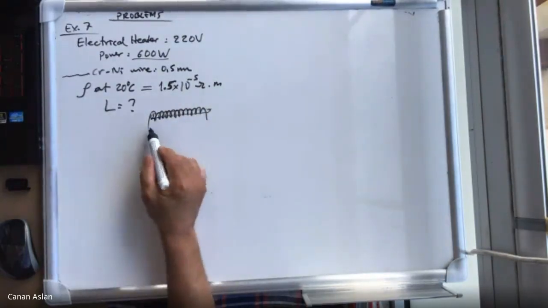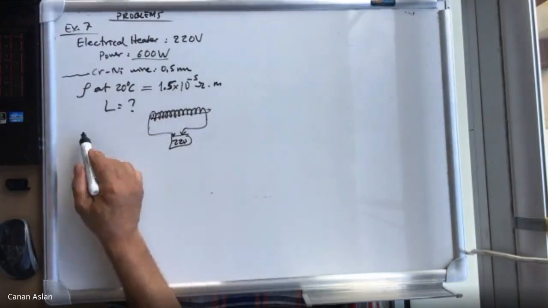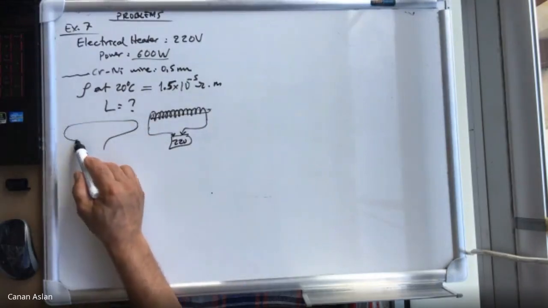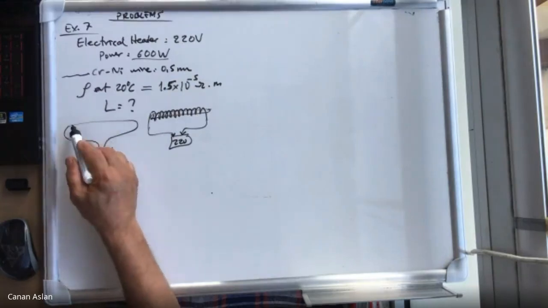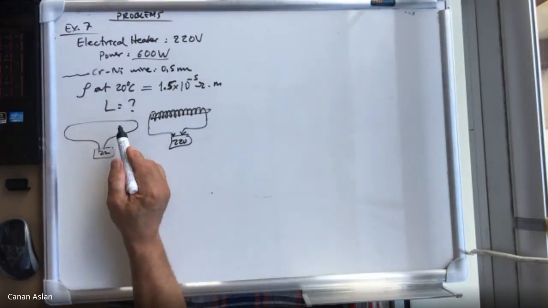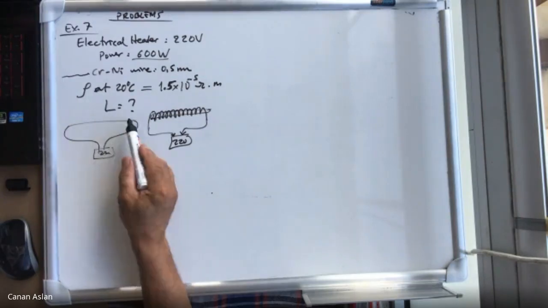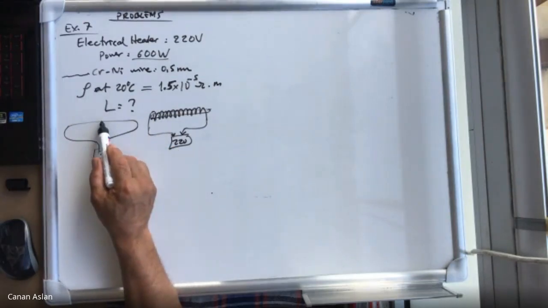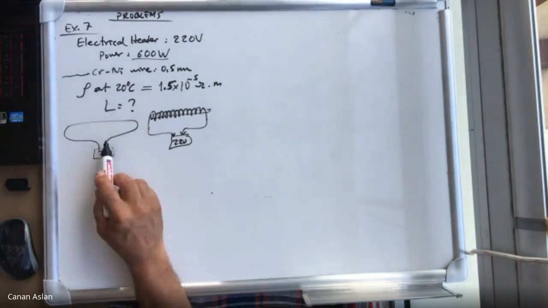If you just insert 220 volts like that, then this wire just glows and becomes very hot, and because it will get so hot, it can easily break, and of course it's dangerous.